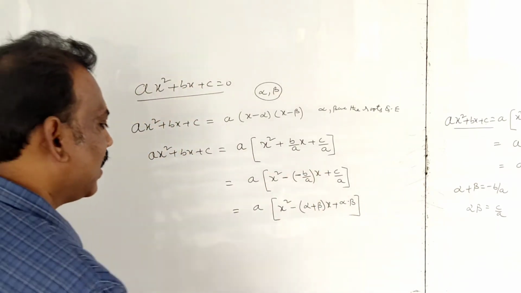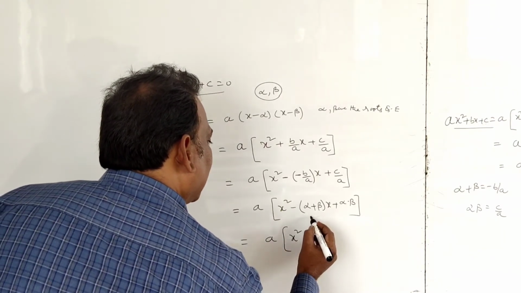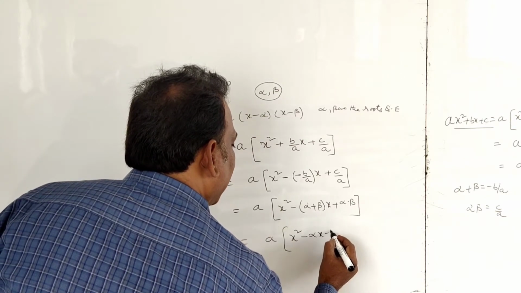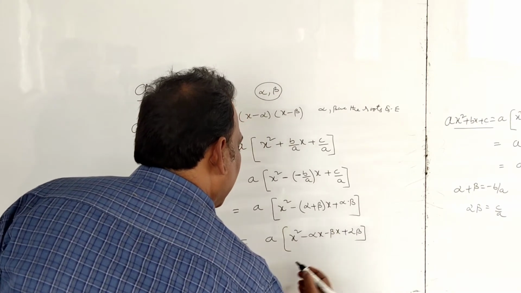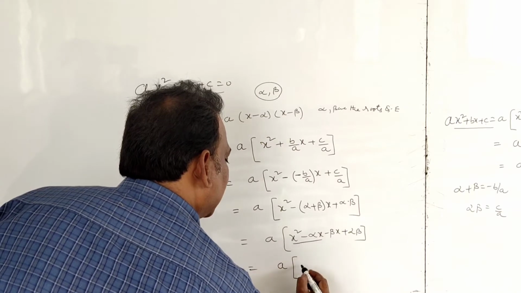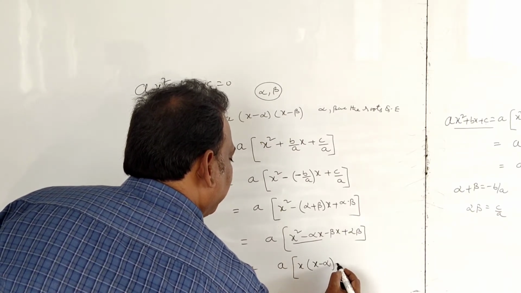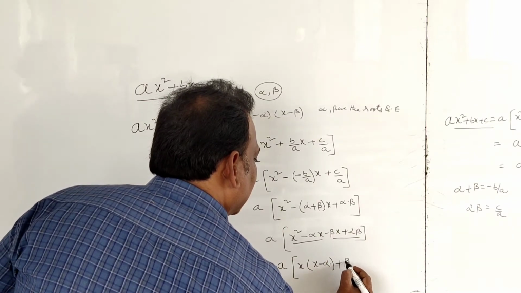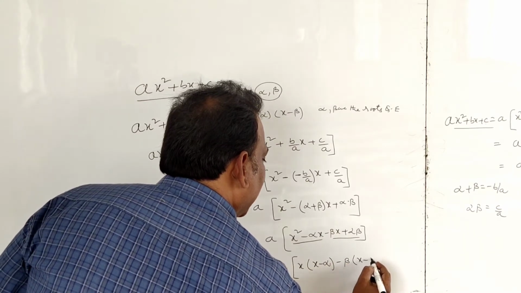Is it correct, students? That's why I replaced plus as minus of minus, because here I can easily replace alpha plus beta. Next step, a into x square, you multiply alpha with x: minus alpha x minus beta x plus alpha into beta. Next step, students, a of, in these two terms I can take x common, you will get x minus alpha. In these two terms we have beta common, minus beta common, so you will get x minus alpha.